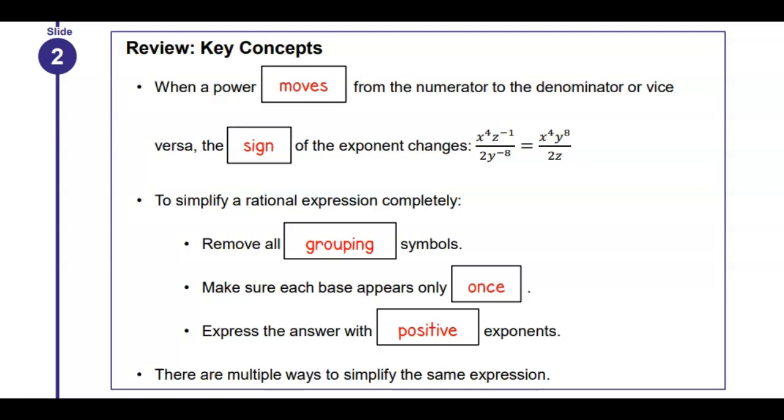To simplify a rational expression completely, you remove all grouping symbols. Make sure each base appears only once and express the answer with positive exponents. And also, it's important to remember that there's multiple approaches and multiple ways to simplify the same expression.